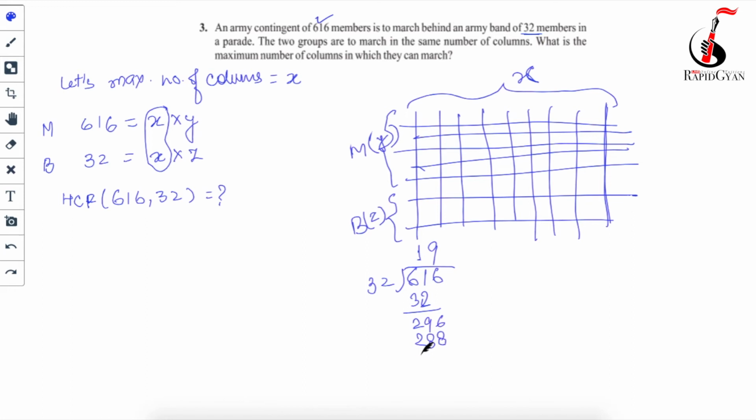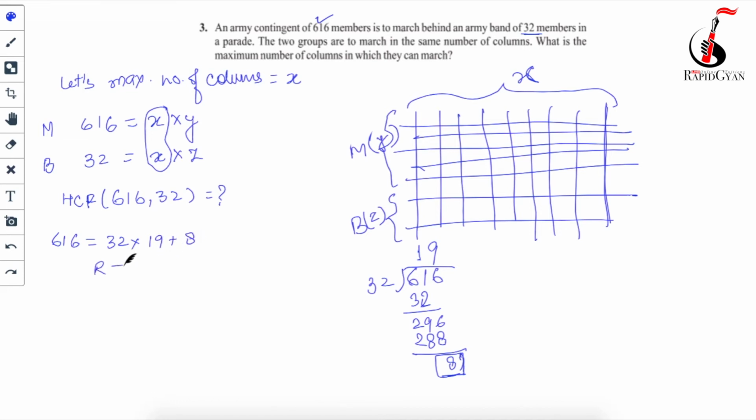Then I will get 8, and 8 is my remainder. So I can clearly write that 616, which is your dividend, is equal to 32 times your quotient 19 plus 8.